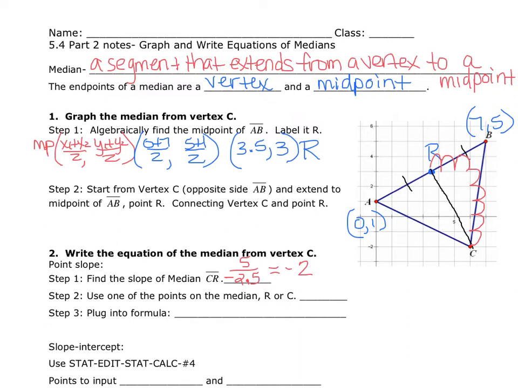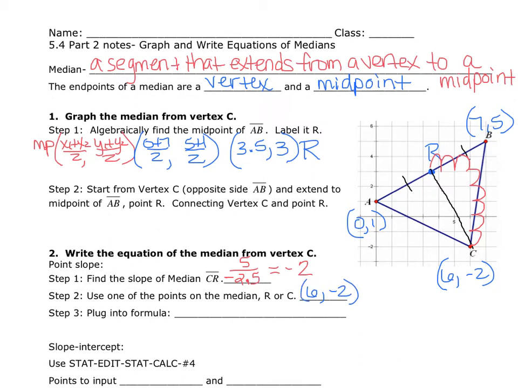Now we're going to use one of the points on the median, R or C. It doesn't matter which one. I'm going to go ahead and use C just because it's nice and pretty and it's not a decimal. So C is at 6, negative 2. Now we're going to plug it into the formula. Remember point slope.